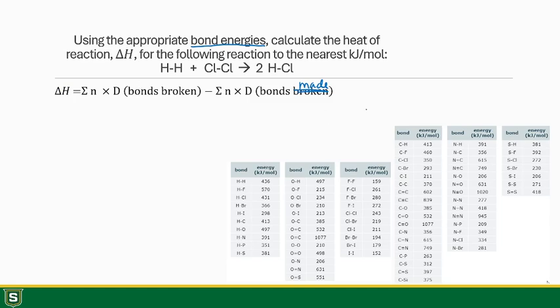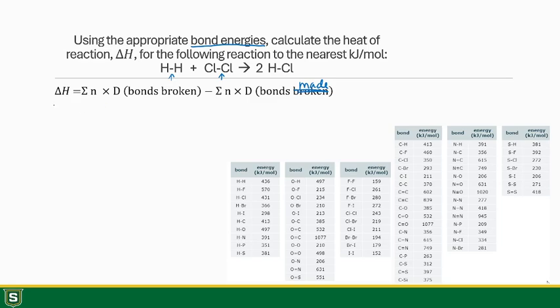All right, so notice in this case, what are we breaking? When I'm looking at this, I start with H2 and Cl2, but I'm writing them out in their bonded state, like a Lewis structure, so I can see the bonds. And then I'm making two HCl's. So I'm going to have to break this bond and break that bond. And then I'm going to swap them and make these bonds, but I'm going to do it 2 times because I have 2 hydrogens and 2 chlorines, so I'll make 2 of these.